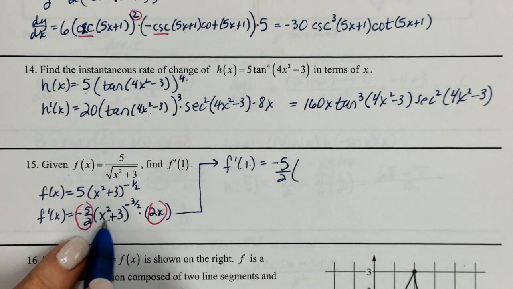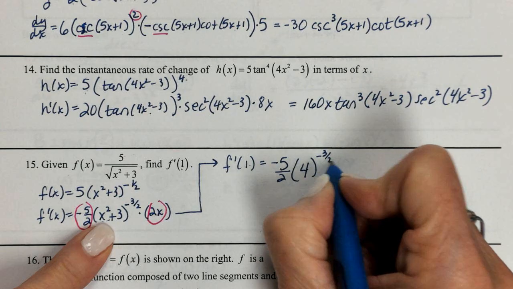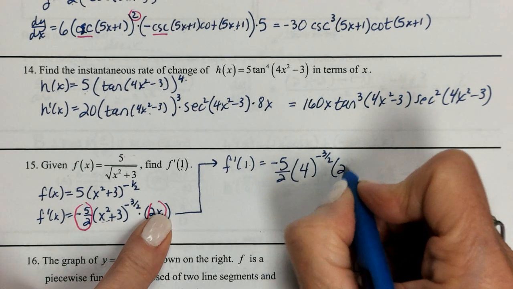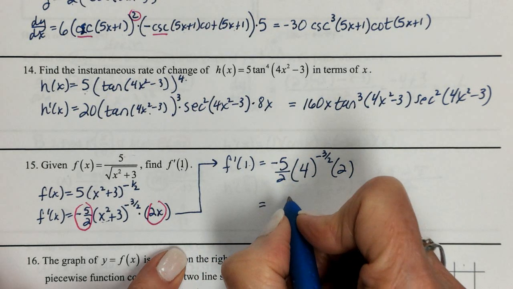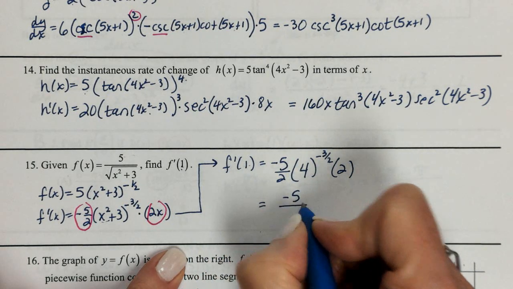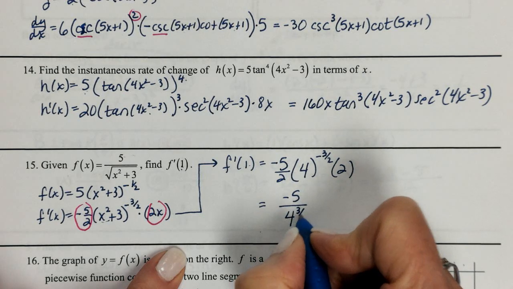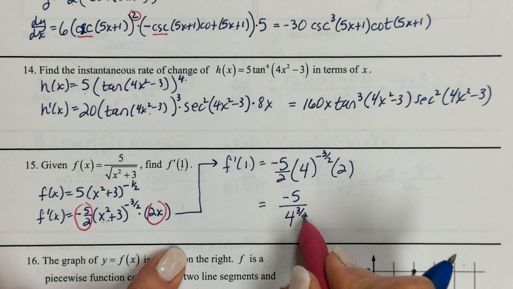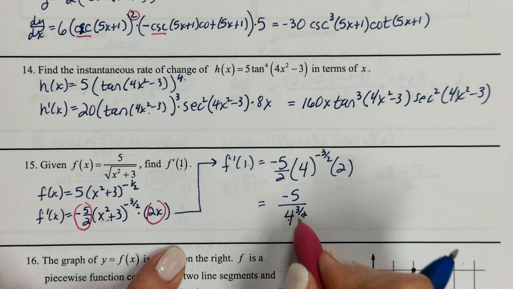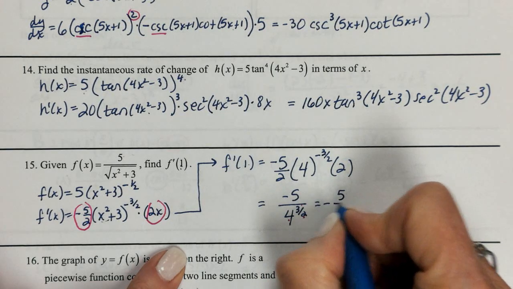I'm putting 1 in for this x, so I get a 4 to the negative 3/2, and then this is multiplied by 2. Now these 2's cancel, right? So I just have a negative 5 on top. 4 to a negative power, I bring it to the bottom, give it a positive power. The square root of 4 is 2. 2 cubed is 8. So this is negative 5 over 8.